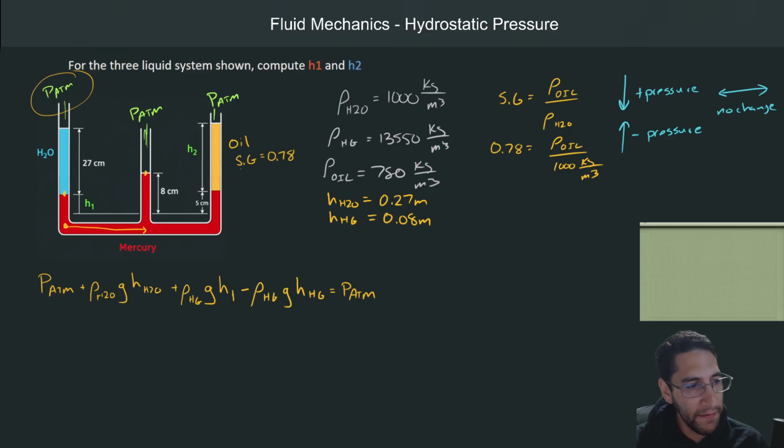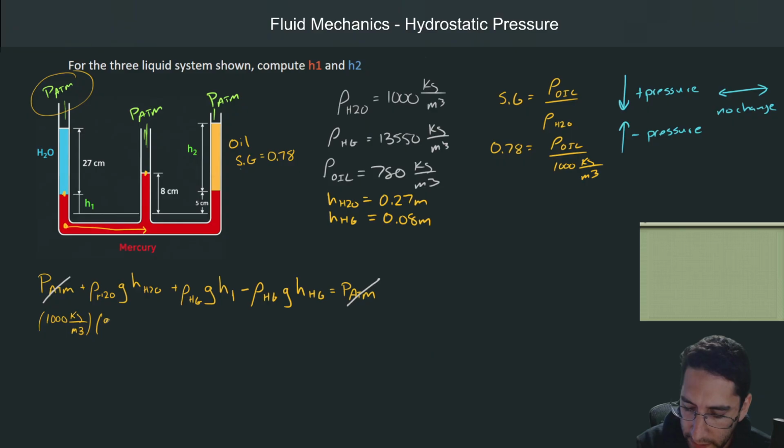Let's simplify this and put in our values. Atmospheric pressure on both sides of the equation will cancel out. Now I have 1,000 kilograms per meters cubed times 9.81 meters per second squared times 0.27 meters. Let's do a quick unit check.